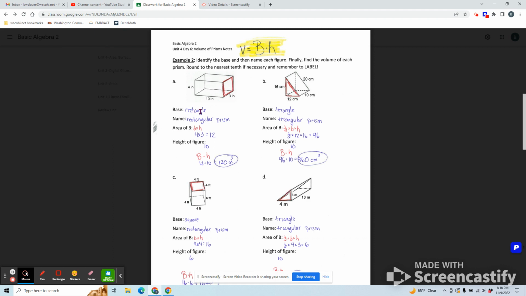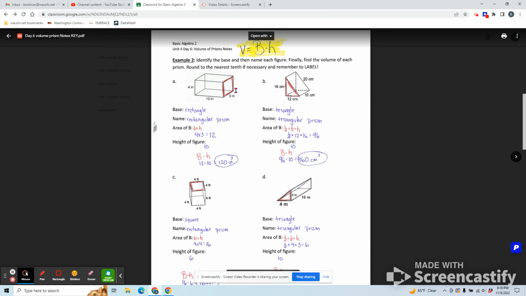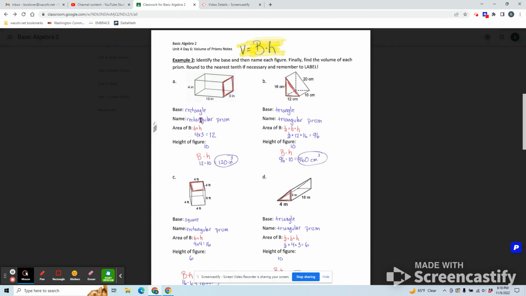So the rectangle is my base. It's a non-four-sided figure is what you always look for. But if everything in there is a four-sided figure, then that is going to be your base. So a rectangle is my base. Rectangular prism, the area of the base. So the base times height, that's how you find the area of a rectangle. 4 times 3 is 12.